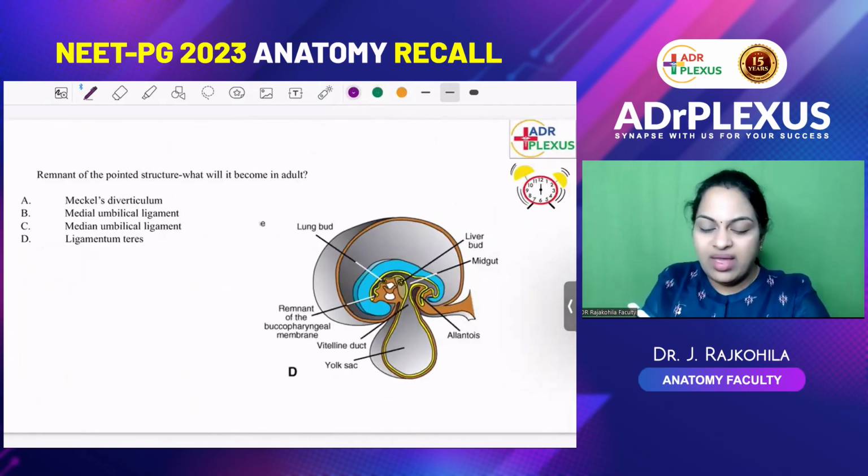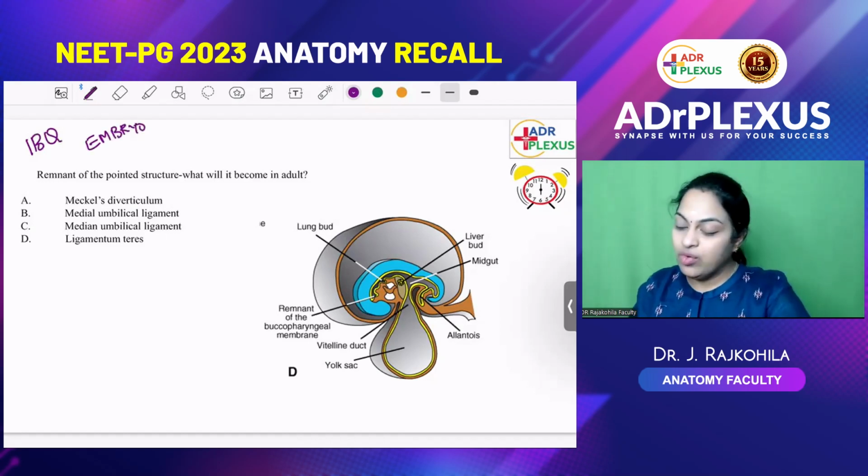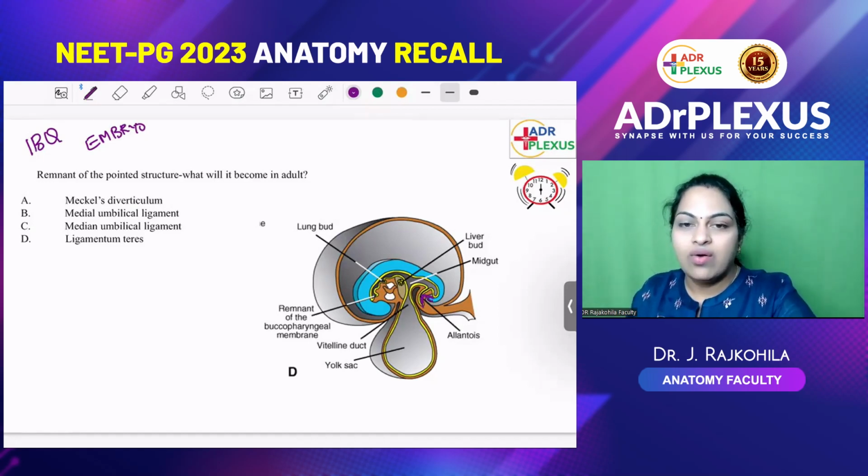This was an image-based question from embryology. The arrow was pointed at this structure, and the question was: what will the remnant of the pointed structure become in adult life? These were the options given. And what is the answer?